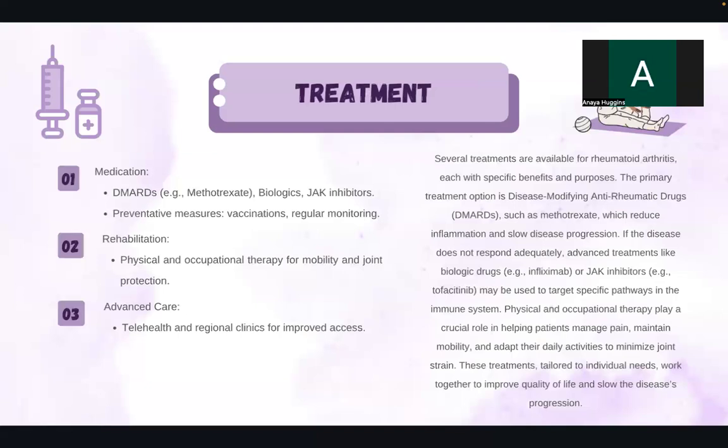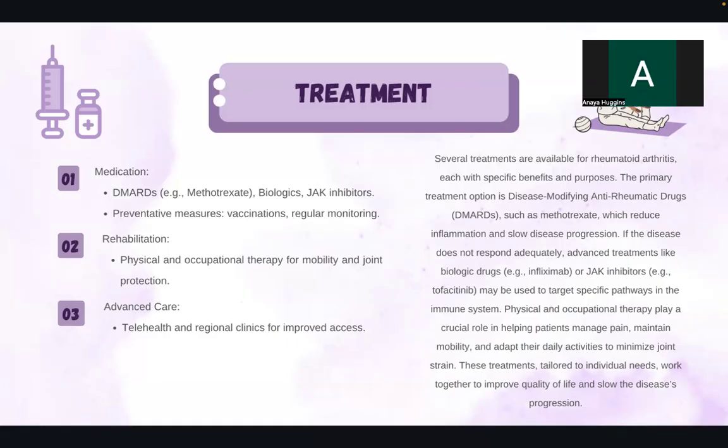I'm sorry, I'm going to butcher some of the names of the medicines, but for patients with severe disease, biologics or JAK inhibitors may be introduced. These advanced therapies target specific immune pathways to reduce inflammation.